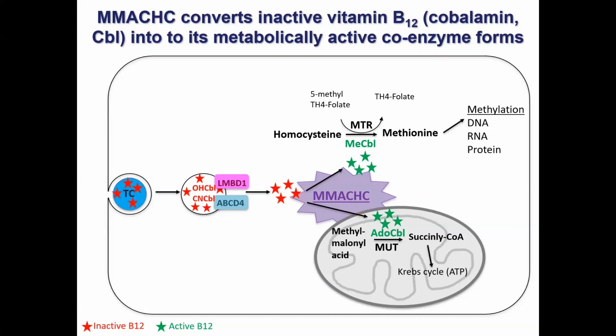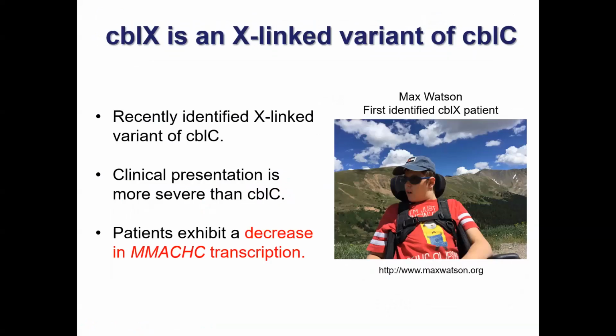So when you don't have properly functioning Mmachc, which is the case in this disease, you cannot convert your B12 into its active form. So even if you just keep taking B12, it will be useless in your body.